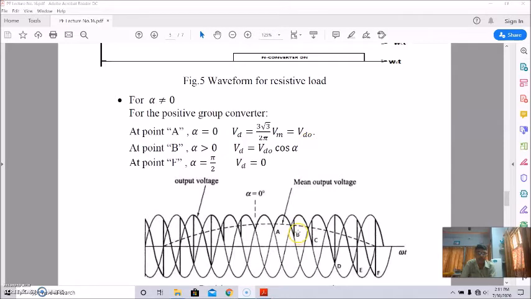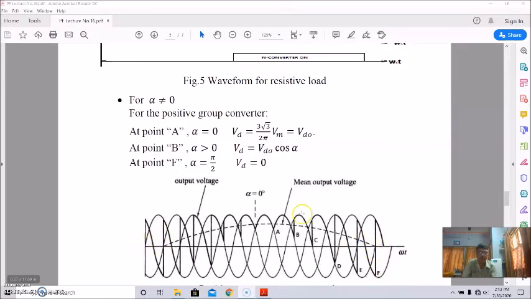And at point P, when alpha is greater than 0, VD equals VD0 cos alpha. And at point AF, here VD equals 0, because this is for the negative half, so here this will be cancelled out and this is 0 for this phase. So the resultant total is VD equal to 0.